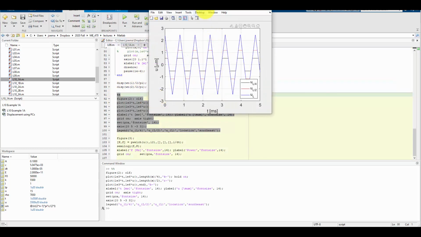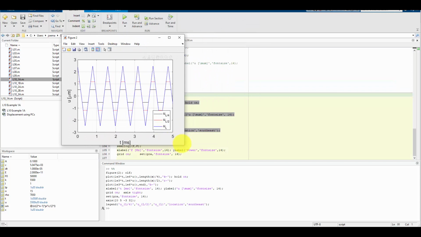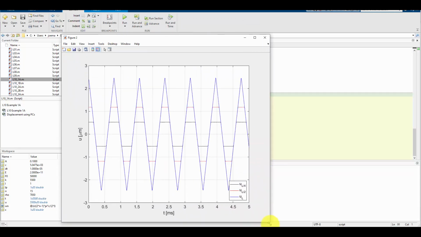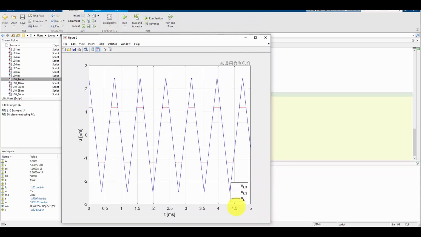All right, so running this, now this is where we have these very sharp oscillations, at least for, this is our U5 now, what I'm calling U sub L or U at L in this system. So we have these very sharp peaks. And for the halfway point, for the quarter wave point, we had that flat dwell, and then it went straight down to another dwell, straight up to another dwell, and then we had those nice linear changeovers. And the same thing was true for the halfway point and the quarter wave point.